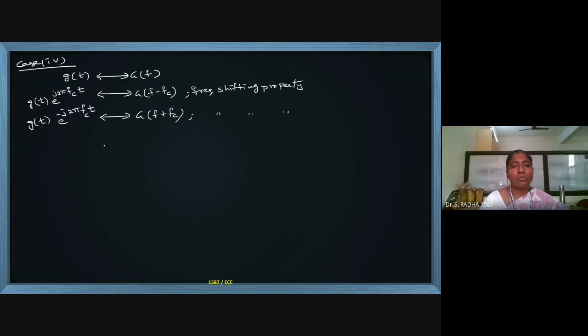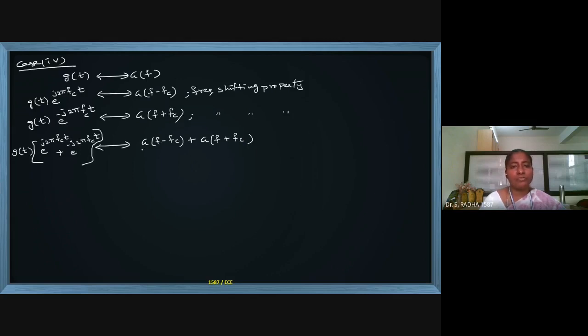So now what I will do in the frequency domain, if I add these two, G of f minus fc plus G of f plus fc, in time domain it will be G of t into e power j 2 pi fct plus e power minus j 2 pi fct. I am adding these two exponentials.